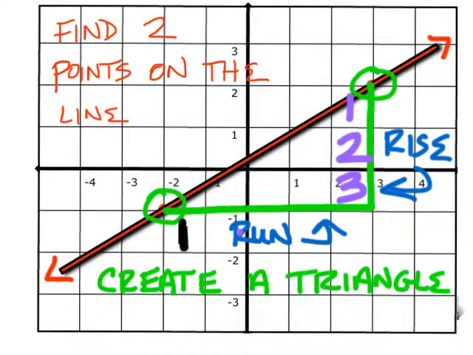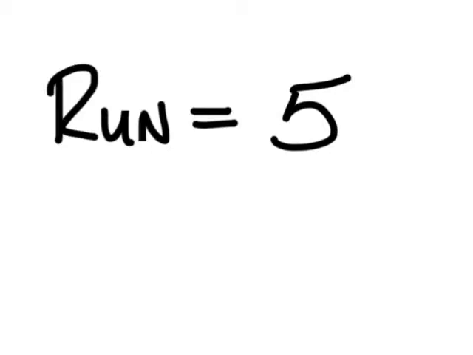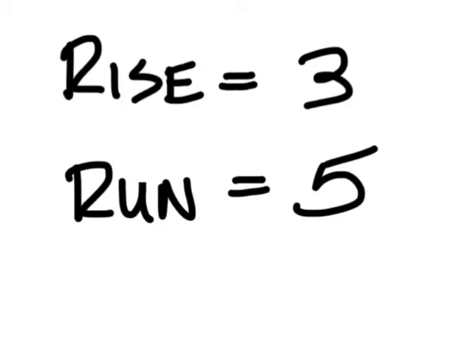The rise equals 3. On the bottom, let's count the blocks: 1, 2, and then 3, 4, and 5. 5 total blocks there. So we have a run of 5. The rise was 3, the run is 5.